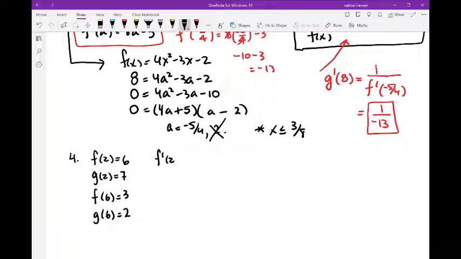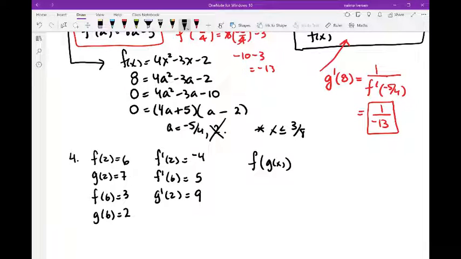F prime of 2 is equal to negative 4. F prime of 6 is equal to 5. G prime of 2 is equal to 9. Do I need any more? I don't have any more primes? Okay. And the fact that f of g of x is equal to x.